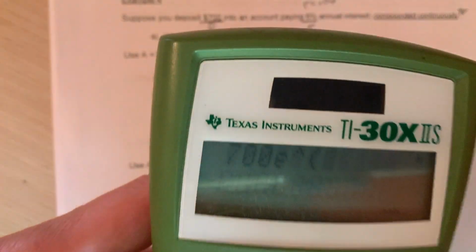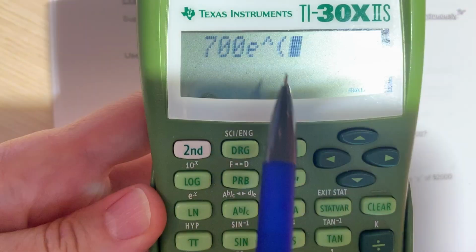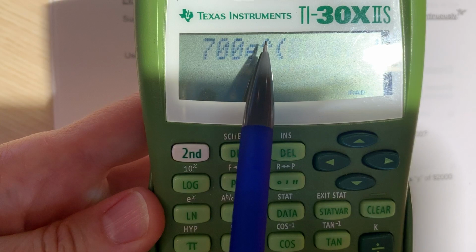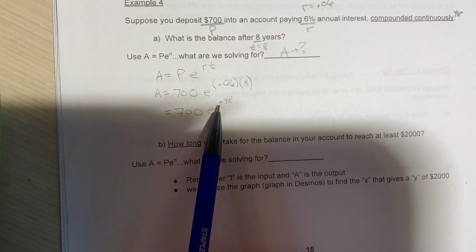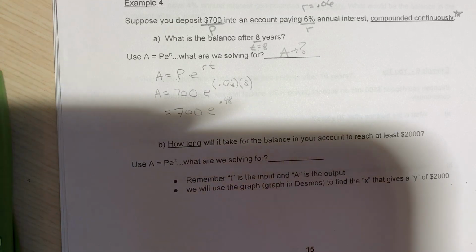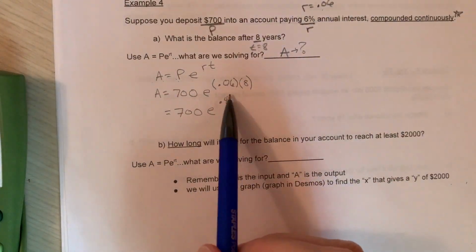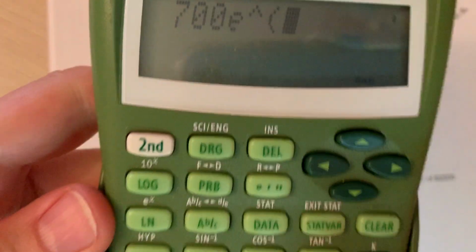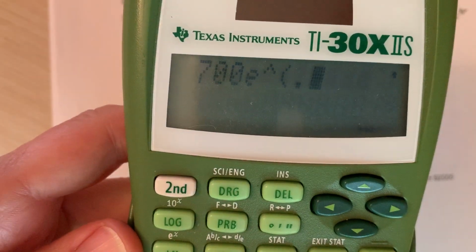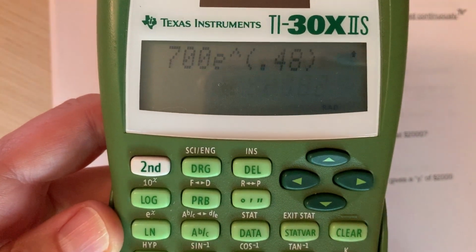And you can see it automatically makes the exponent for you. Automatically jumps it up so that when I put in this 0.48, it already is an exponent. And then I hit enter.